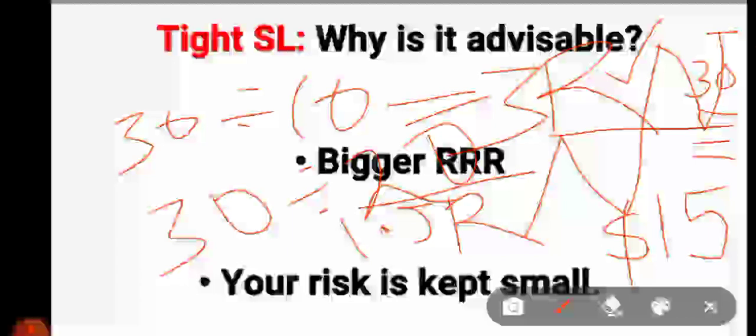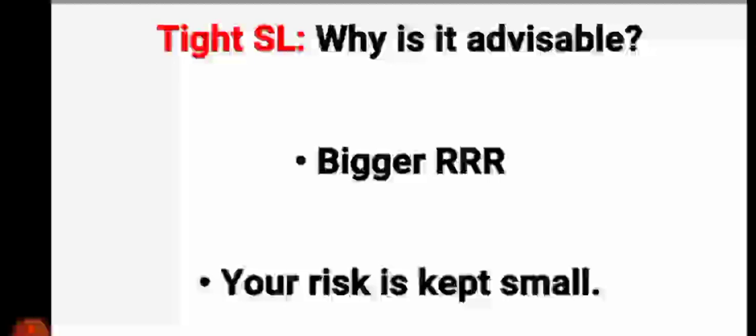The person who uses the tight stop loss, if this trade moved against them, will only get a $1 loss. But someone who uses a 20 pip stop loss will get a loss of $2. So you see how this goes. Your risk is kept small, and you have a bigger risk to reward ratio. But the downside is that you get kicked out often. So let's move further.